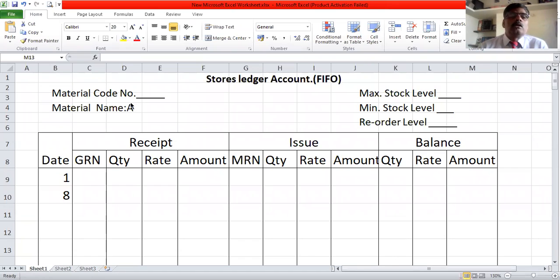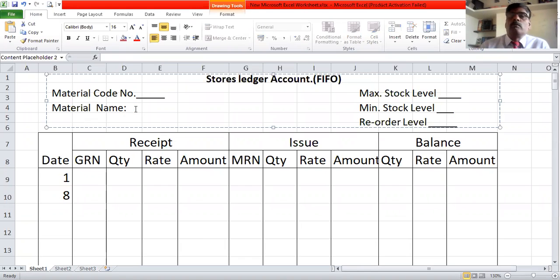You write the material code, then write the name of the material. The name of the material is not given in the problem, so you put a dash. On the right-hand side, maximum stock level, minimum stock level, reorder level, you write in the heading. The first date is opening stock.